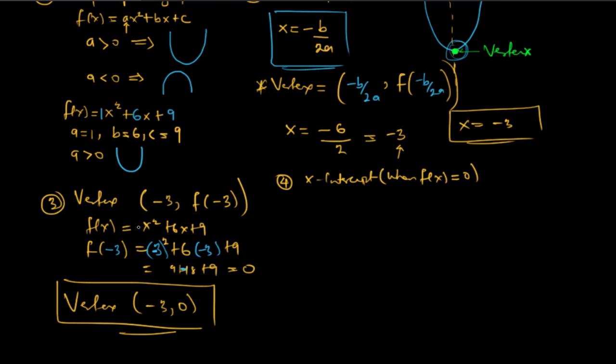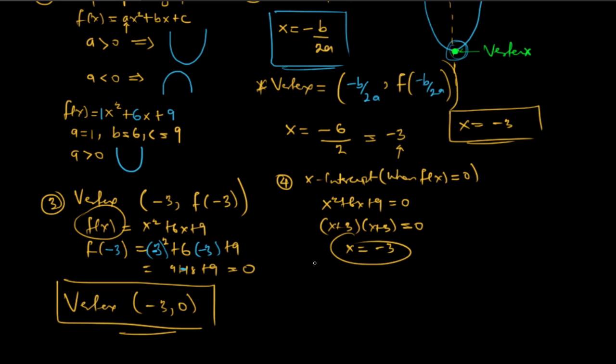So since our f of x equals x squared plus 6x plus 9, when we set this to be 0, what we'll have is x squared plus 6x plus 9 equals 0. And then when we factorize this, what we would obtain is x plus 3 times x plus 3 equals 0. And then we obtain x equals negative 3. So the x-intercept is just going to be negative 3, 0. This is what we have for our x-intercept.